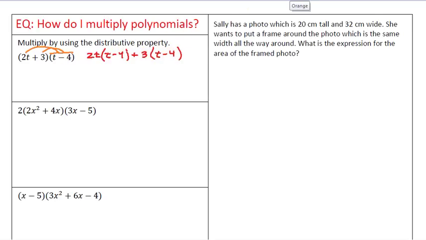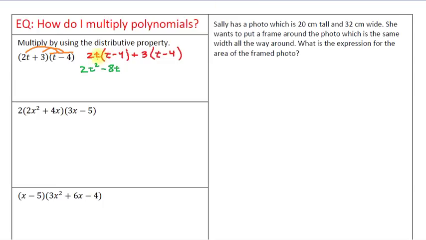And you know how to distribute those from previous lessons. 2t times t is 2t squared. 2t times negative 4, well, 2 times negative 4 is negative 8, and there's only one t in that multiplication, so we're going to write negative 8t.